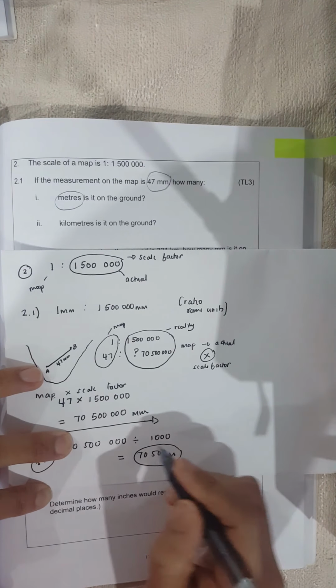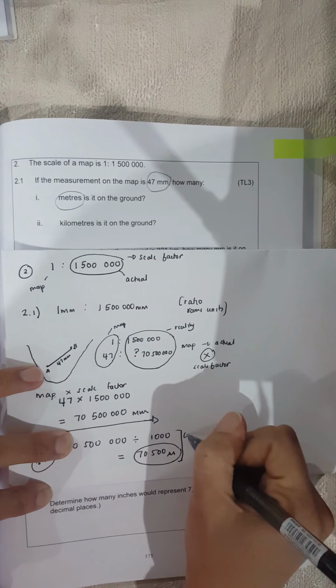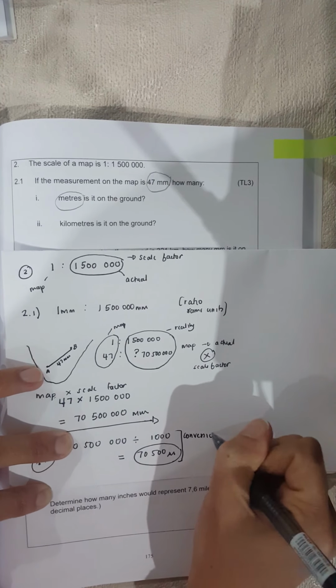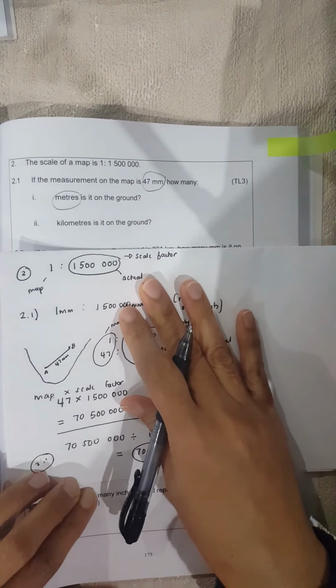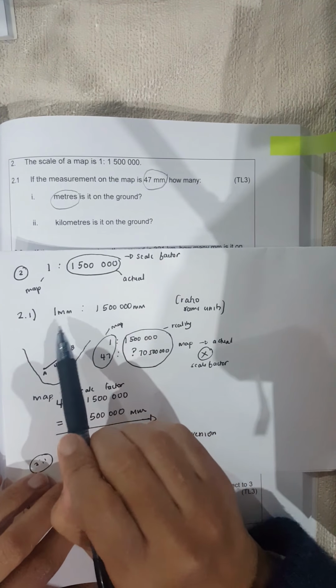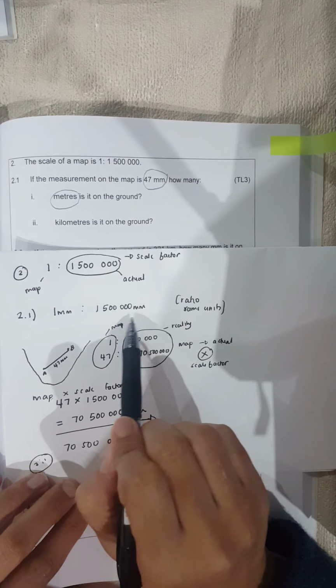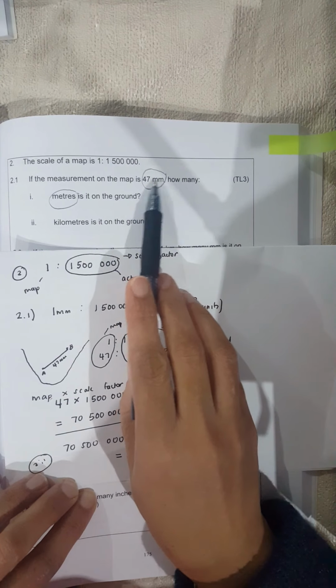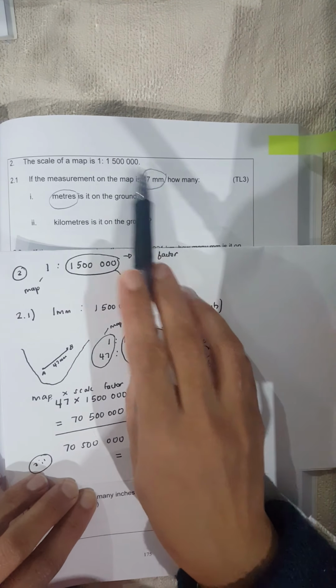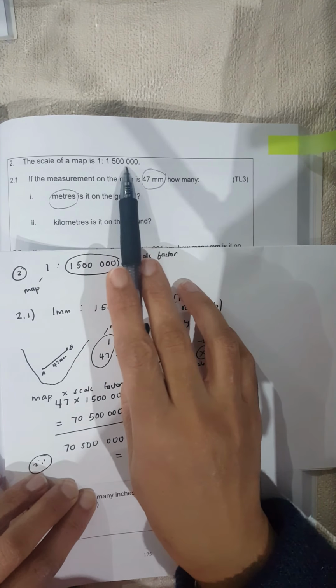Can you see now? This is a different part of the question. This is conversion. Don't mix it up in your mind. Separate the questions in your mind. The scale is separate. I'll show you in the next example, according to what the question is, it applies to your scale. Because the question is saying 47 millimeters, you're saying 1 millimeter is equal to 1.5 million.